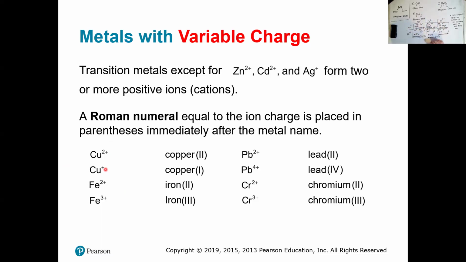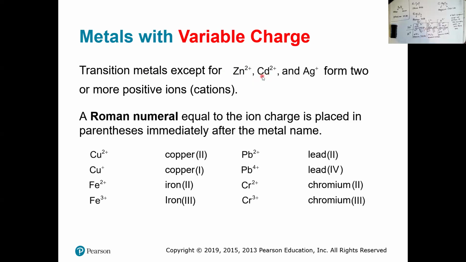I'll show you what I mean in a second. These metals that have a variable charge, like I said, are largely going to be transition metals. The exceptions that you need to know from your periodic table are going to be zinc. Zinc is inside of your transition metal box, but zinc always has a +2 charge.